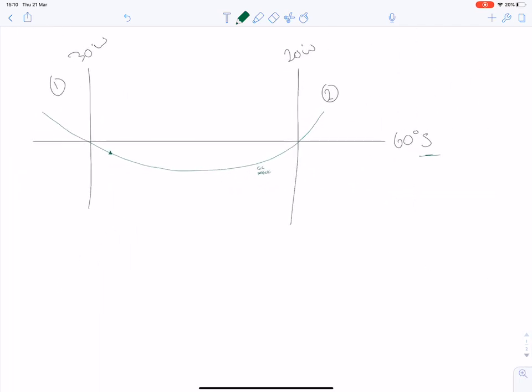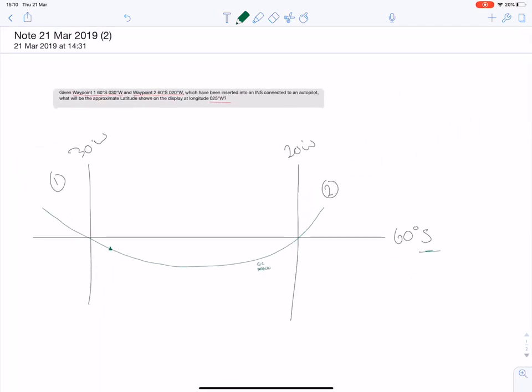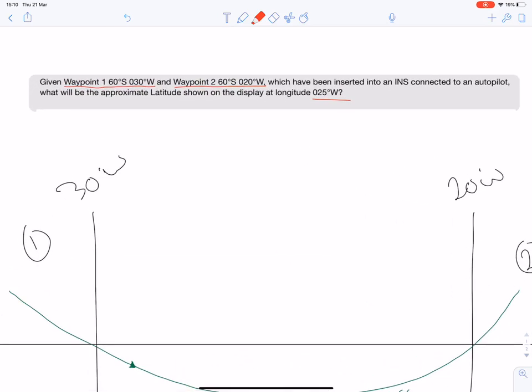Okay, so let's have a better look at the question. Here you can see that the question is asking us, what will be the approximate latitude shown on the display at longitude 25 west?